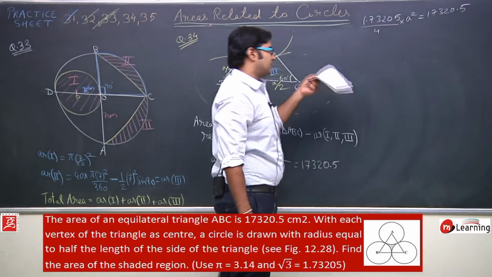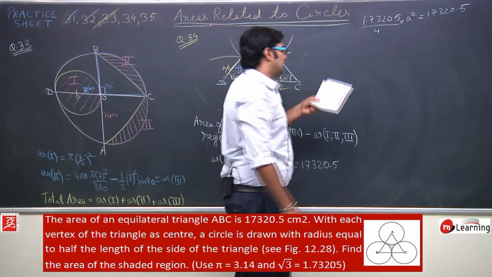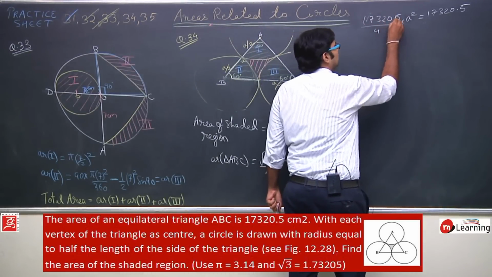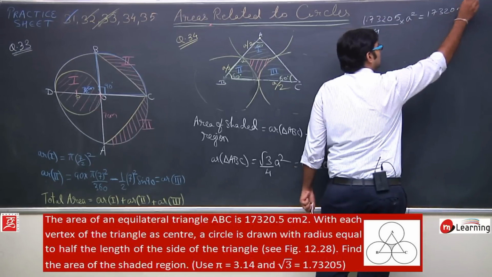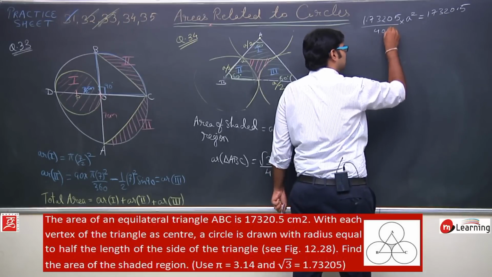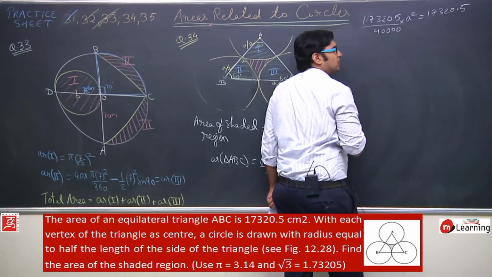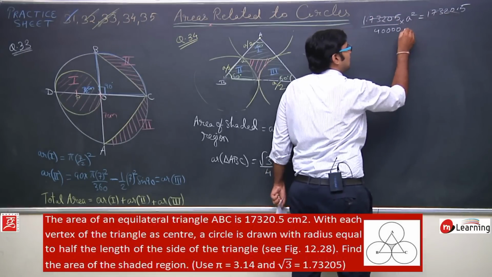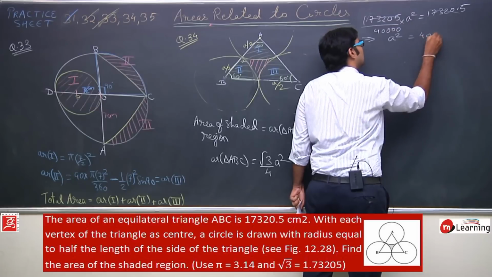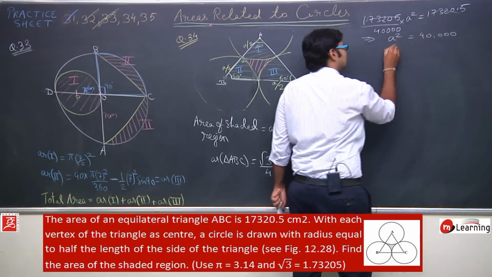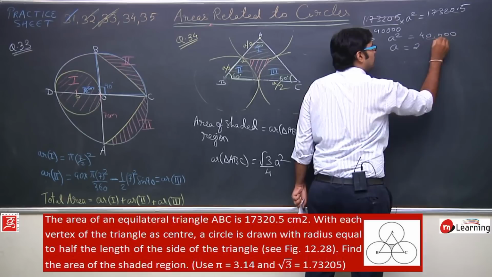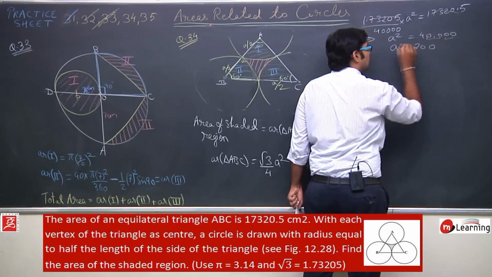This is what it says, and we need to assume this. Let us remove this decimal point: I get 5 decimals, and if I remove the other point, I get 1 decimal. So in all, I will be left with 4 decimals, and I can cancel these two values. This implies a squared is equal to 40,000, and then a is equal to, this 4 will be 2, and the pair of 2 zeros will give you 200.